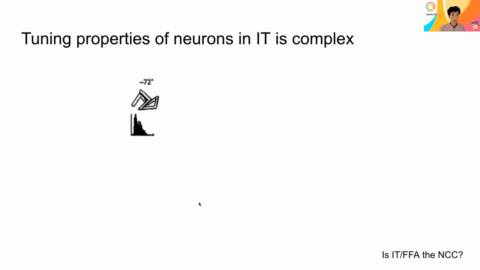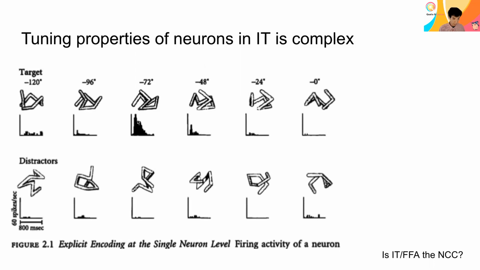The bottom figure is the firing rate of the neuron, but even if the same object is presented, if the orientation or angle is slightly different, then it doesn't respond at all. Or if the orientation looks kind of similar, but is not coming from the same clip, then it also doesn't respond. This kind of response selectivity is called neural tuning.